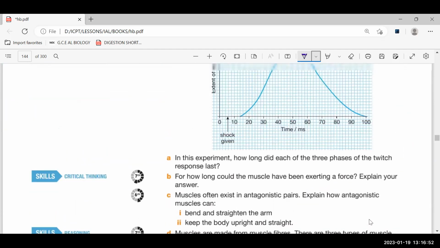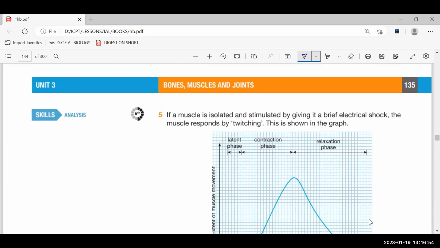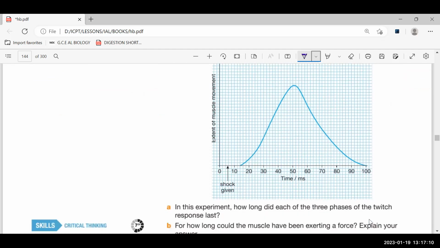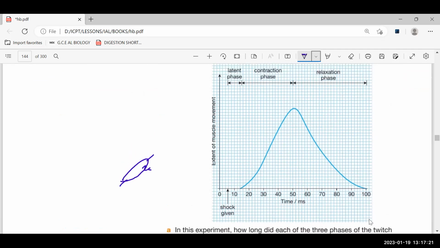Okay, question number 5. If a muscle is isolated and stimulated by giving a brief electrical shock, the muscle responds by twitching. This is shown in the graph. Let's say this is an isolated muscle, and a small electrical shock is given. When it is given, what is going to happen?